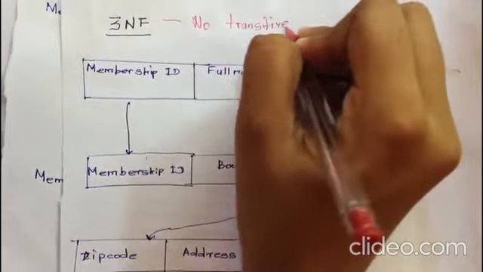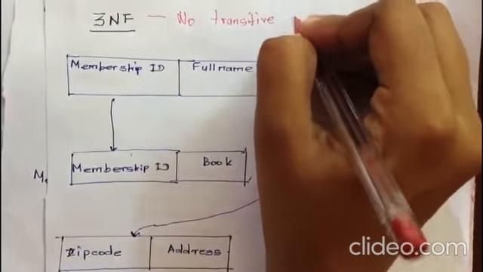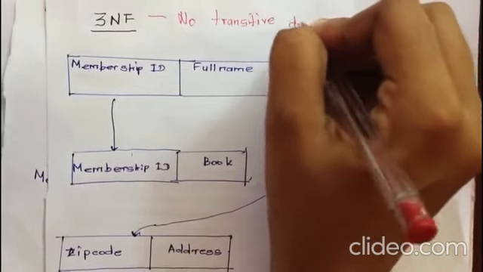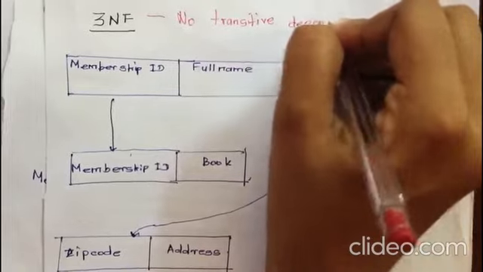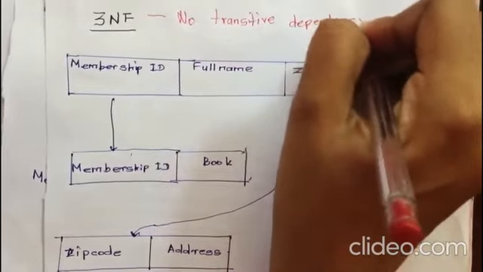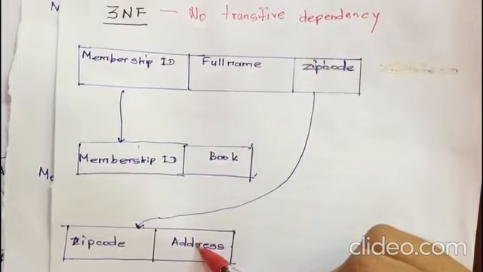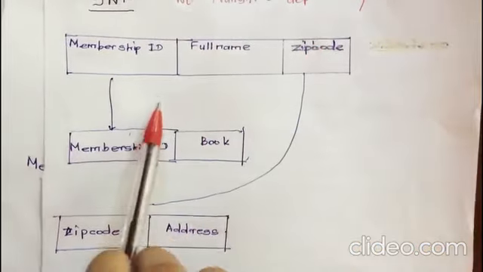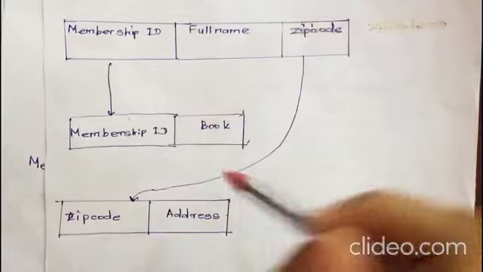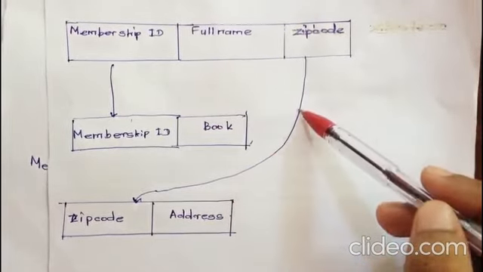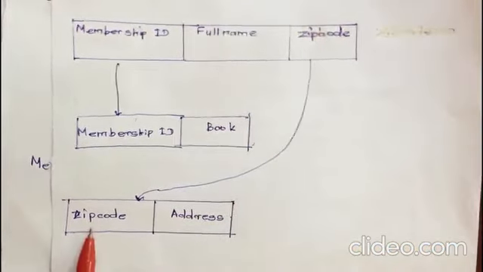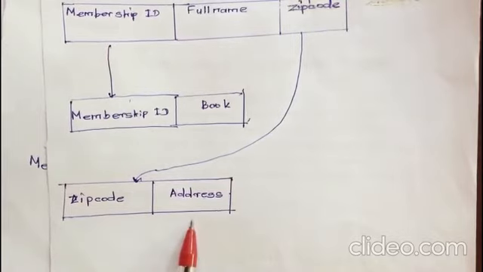So in order to make it non-transitive dependency, we divide the table further into three. Like here, if we divide like this, you can see now I have another table called zip code with address.